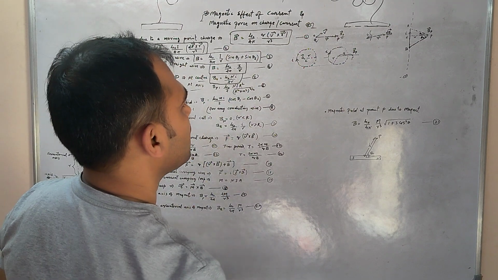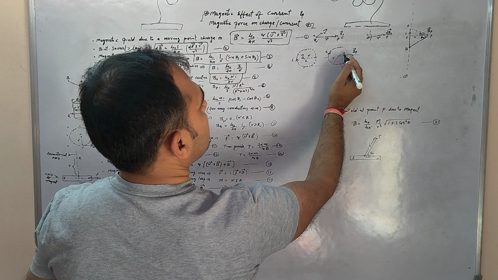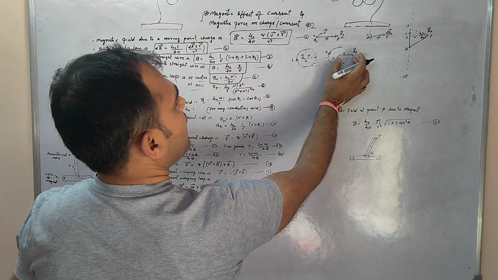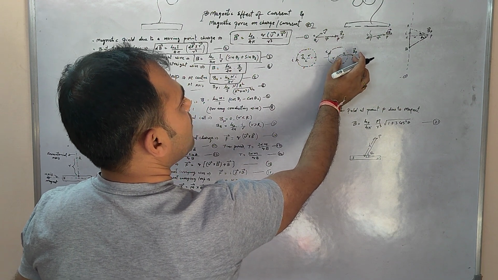At axis, see here this is the axis. Here point P is at a distance x from the center of the loop.